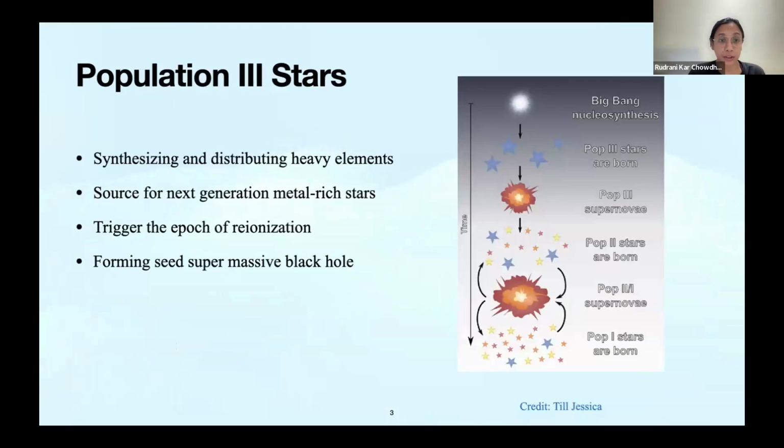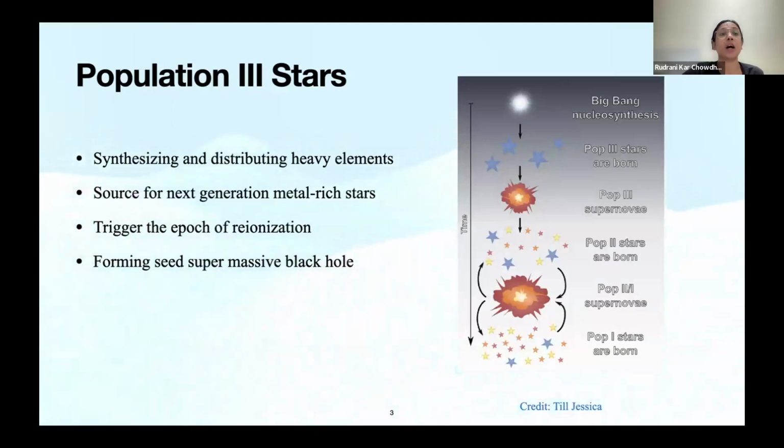Now, these POP3 stars are important to understand the complex nature of our present-day universe, mainly because they are the first factories to synthesize the heavy elements at their cores and afterwards distribute these metals to their surrounding IGM and ISM by supernova explosions.